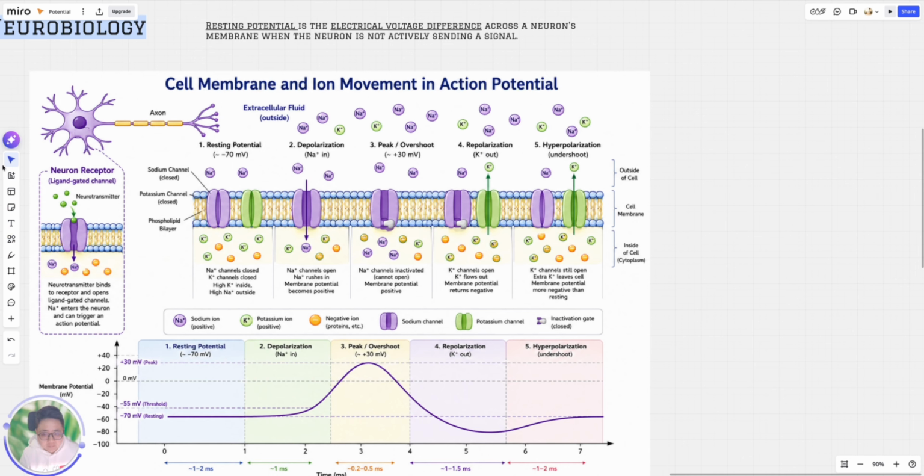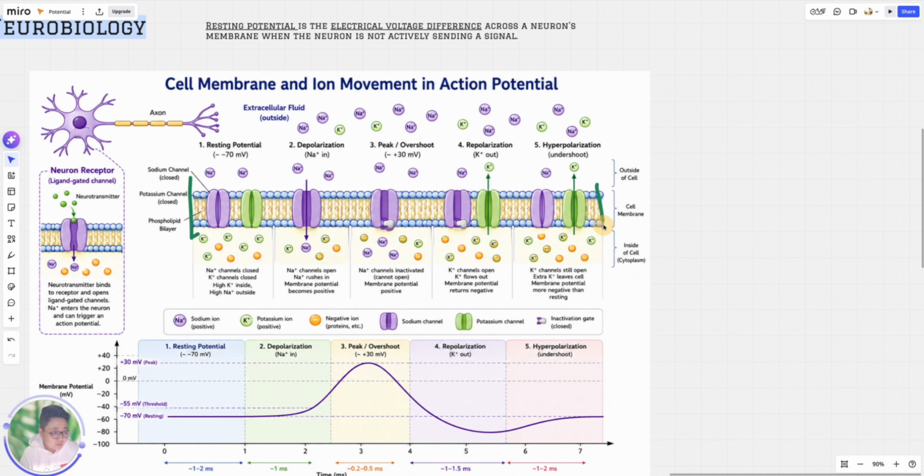So, okay. There's something missing about this chart. ChatGPT is not perfect. So let's say we have, this is a very average drawing, but let's say we have the neuron's receptors and the neurotransmitters are binding into the receptors. Imagine there is something like that in front of this membrane, right?